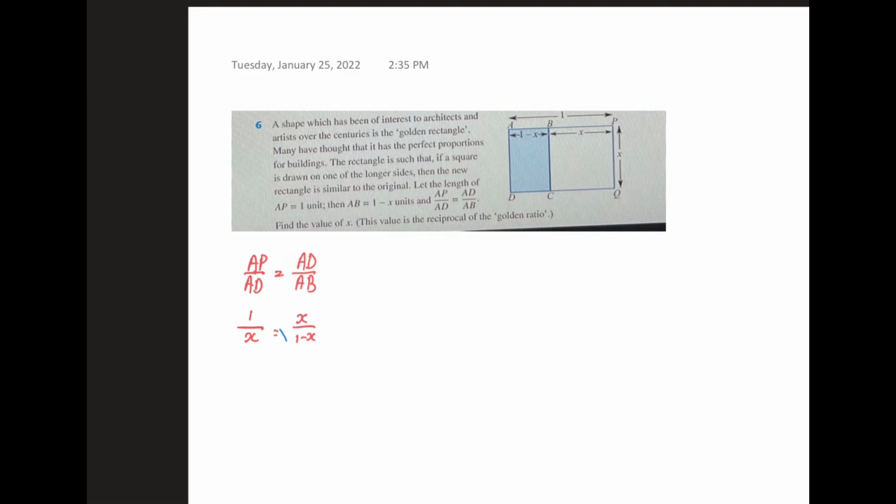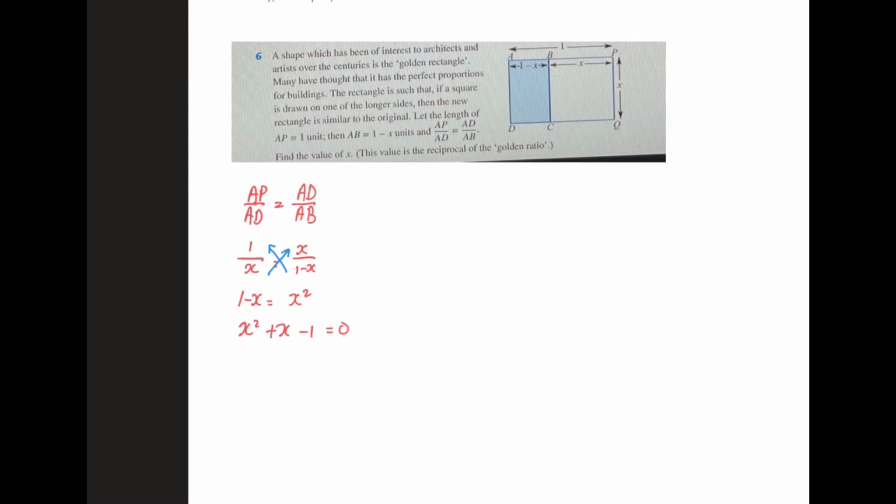We cross multiply, and what we get is 1 minus x on the left, x squared on the right. Shift everything to the right: x squared plus x minus 1 equal to 0. We cannot factorize the quadratic, so I am going to use the quadratic formula, where a is 1, b is 1, and c is minus 1.